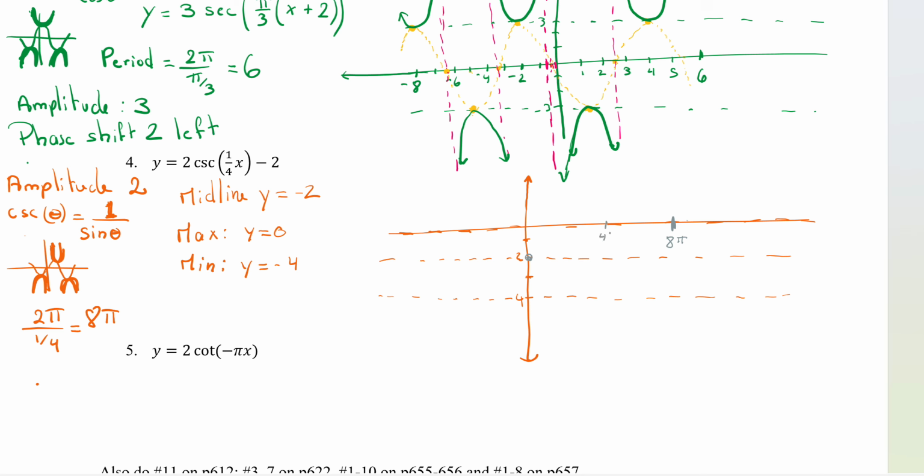Therefore, that's 4 pi, 2 pi, 6 pi. Let's see what happens here. So we start at 0 and end at 8 pi, and halfway through we're going to be on the midline again, and then the sine goes to a max first, then a min. So the base looks like that.